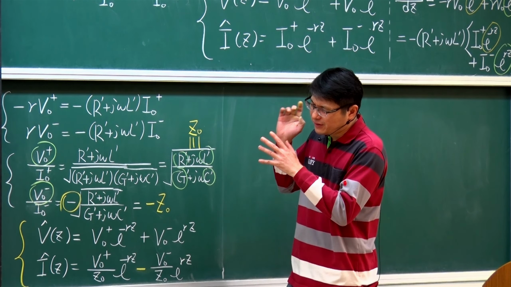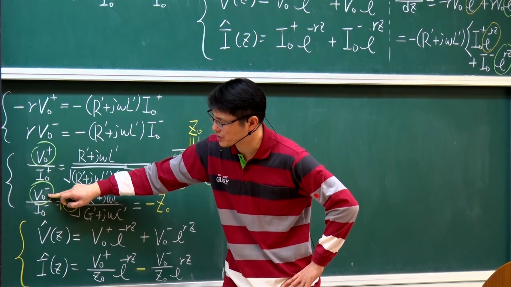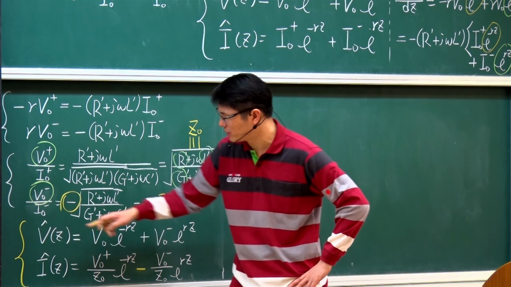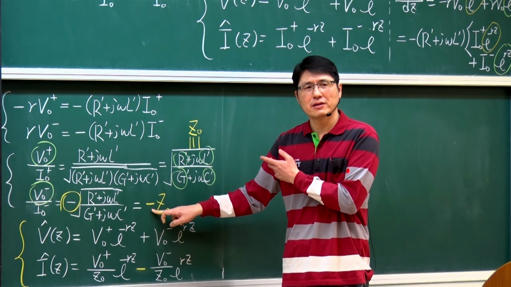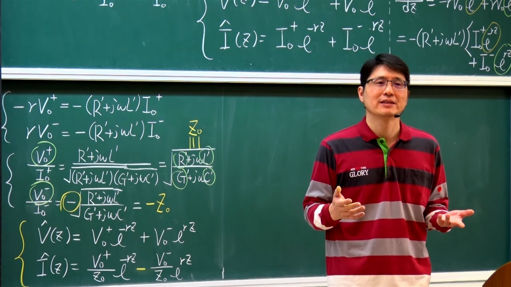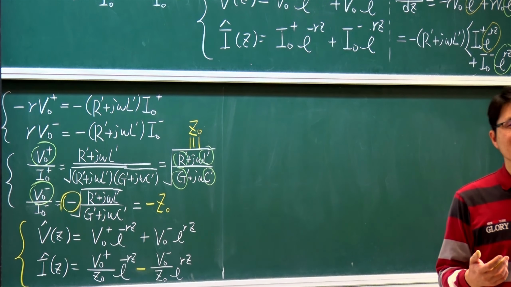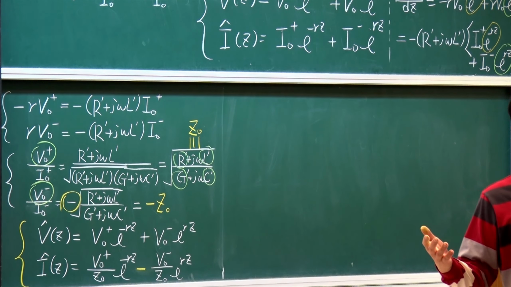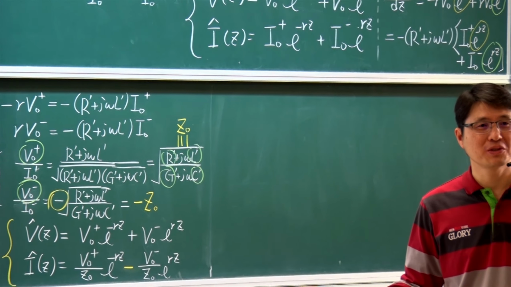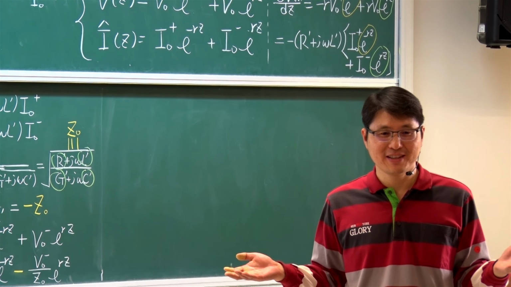But how can the negative propagating wave, the negative voltage amplitude divided by the negative current amplitude, pick up the same value but with a negative sign? How can you explain this? Or do you accept it? Do you embrace it, just like I told you? Having a negative sign is fine. Do you think it's fine?